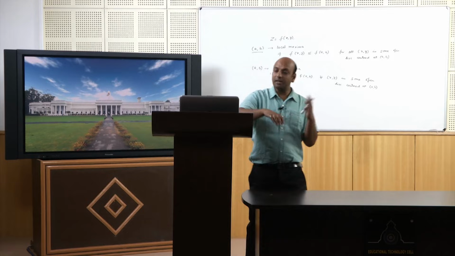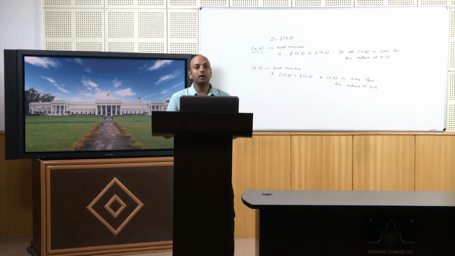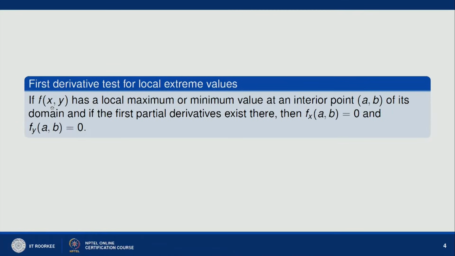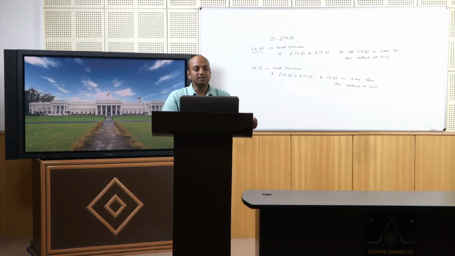In a similar way, for the two variable function, if a point (a, b), which is an interior point, is a point of local maxima or local minima, and its first order partial derivatives exist at this point, then f_x at (a, b) is equal to 0 and f_y at (a, b) is also equal to 0. Now, what is a critical point?